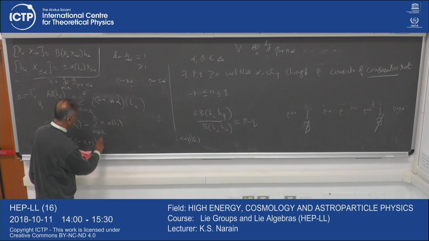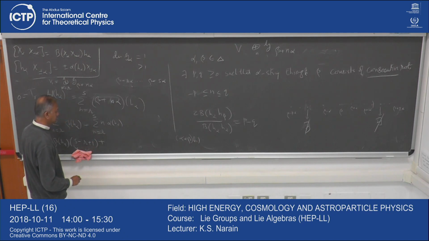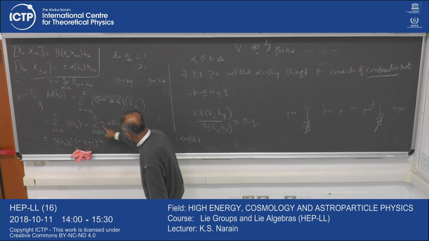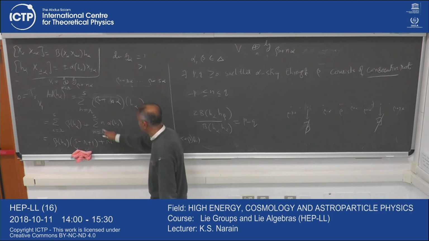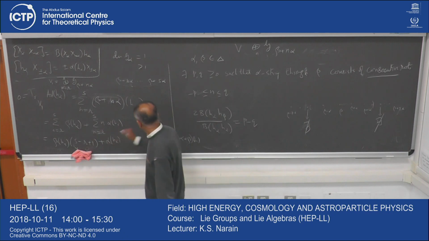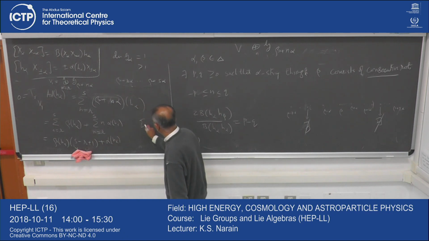Now for the second sum, what will it be? I could write it as n going from 0 to S, minus n going from 0 to R minus 1.